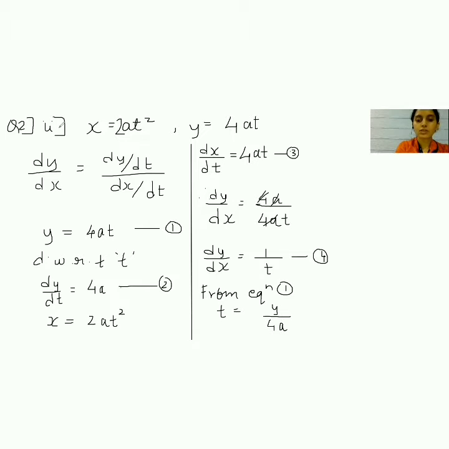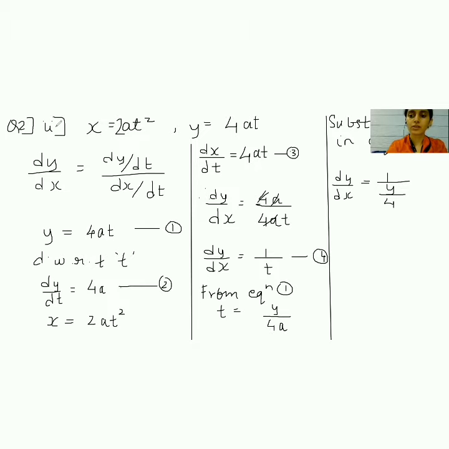Okay, substituting in equation 4, dy by dx is equal to 1 upon t, that is 1 upon y upon 4a, which will be equal to 4a upon y. Now this is my dy by dx.